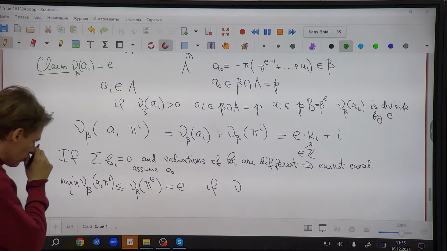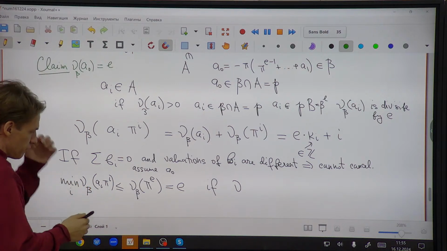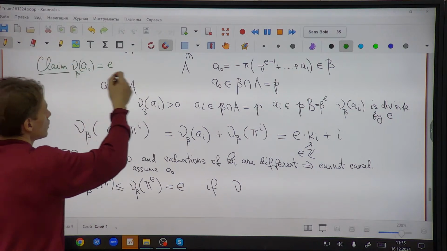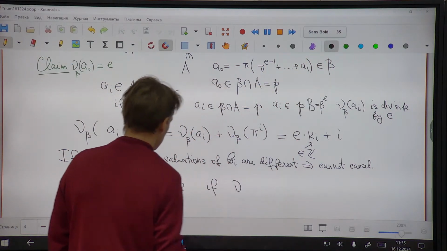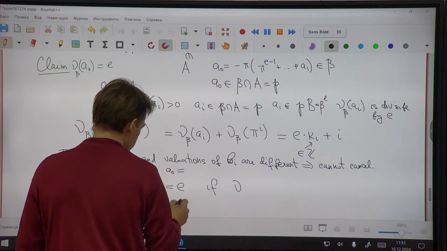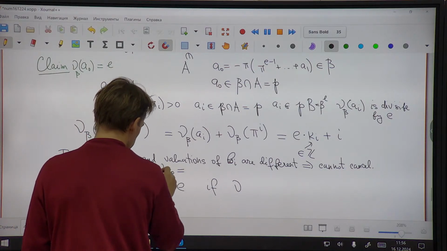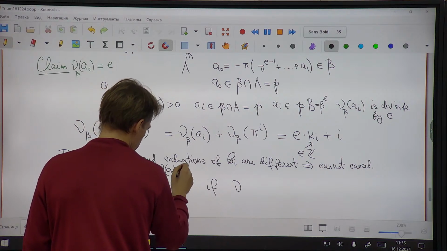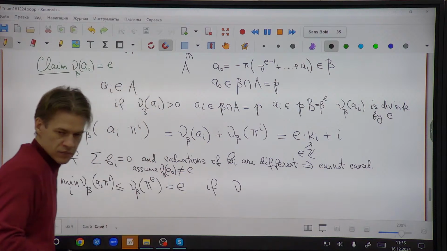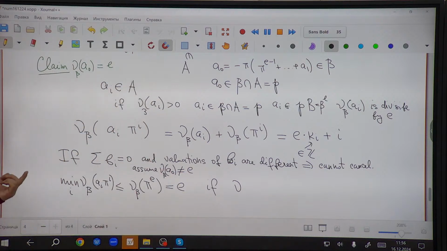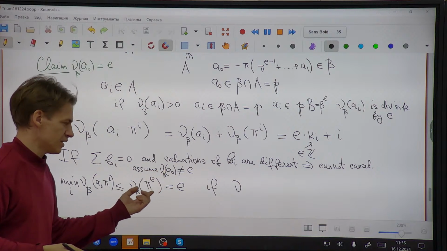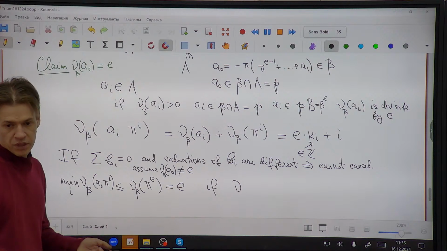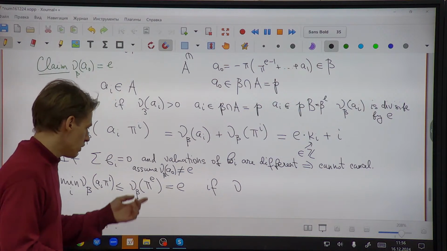Why is this true? Because if your valuation is minimal, assume that the valuation of a_0 is not equal to e. That means that the valuation of a_0 is divisible by p, so it should be larger.